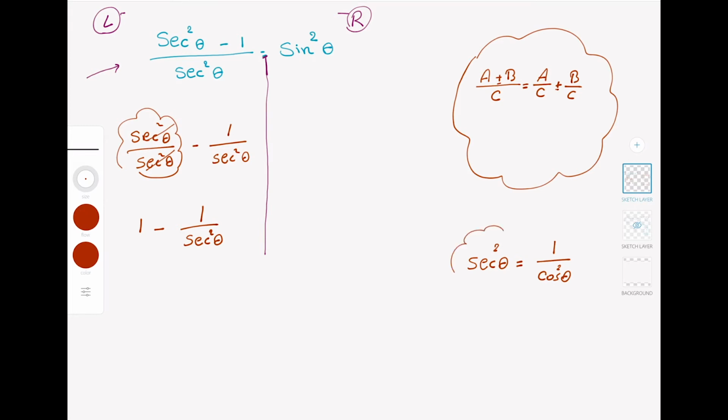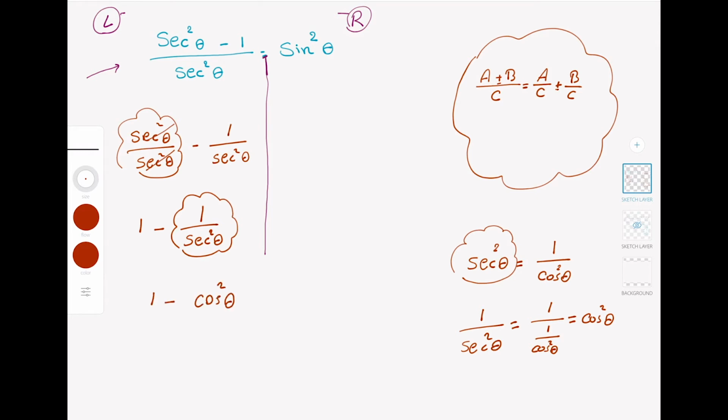Then the reciprocal of this, 1 over secant square of theta, will be cosine square of theta. So we got 1 minus cosine square theta.